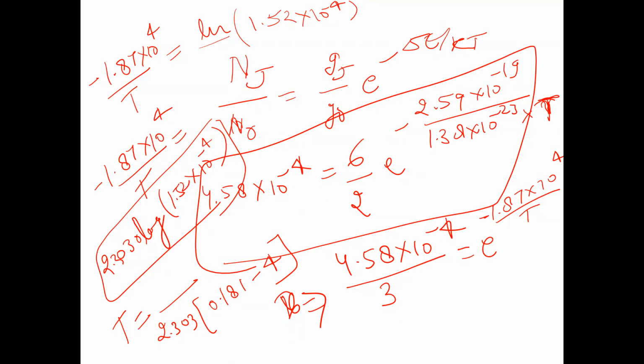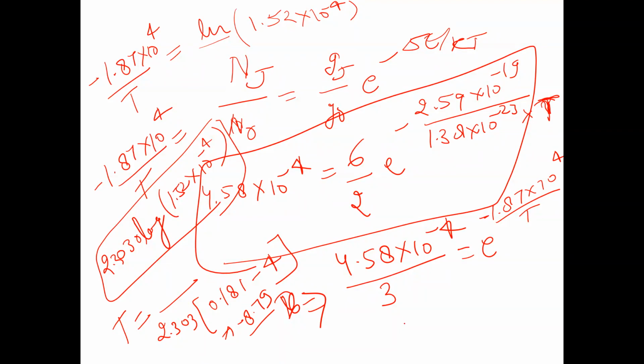So minus 4 plus 0.18 will be minus 3.82, which gives about minus 8.79.